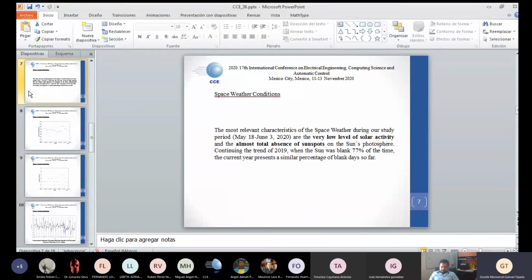The most relevant characteristics of the space weather during our study period are the very low level of solar activity and the almost total absence of sunspots on the sun's photosphere. Last year the sun was blank 70% of the time, and the current year presents a similar percentage of blank days so far.